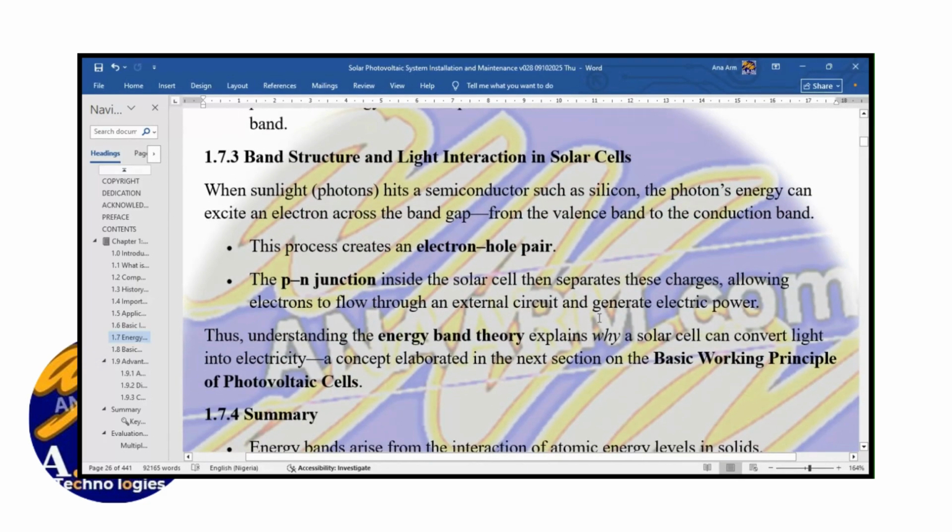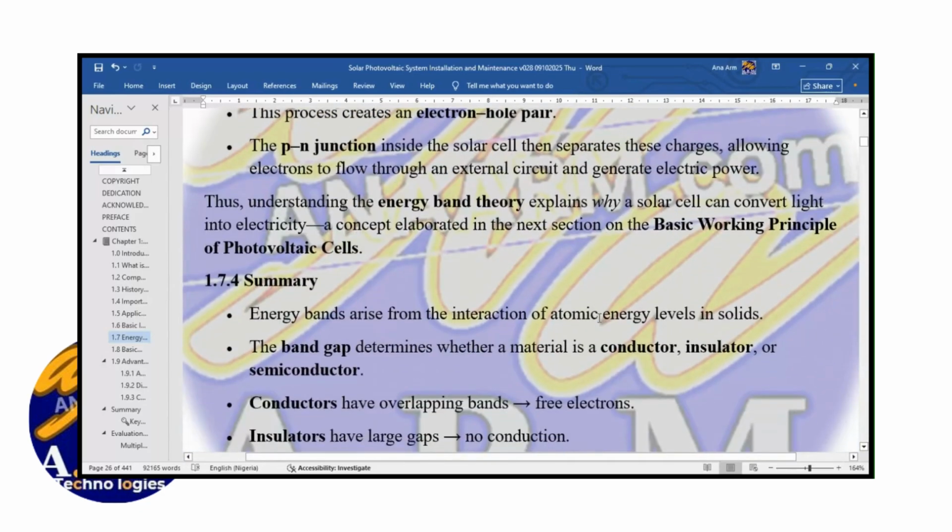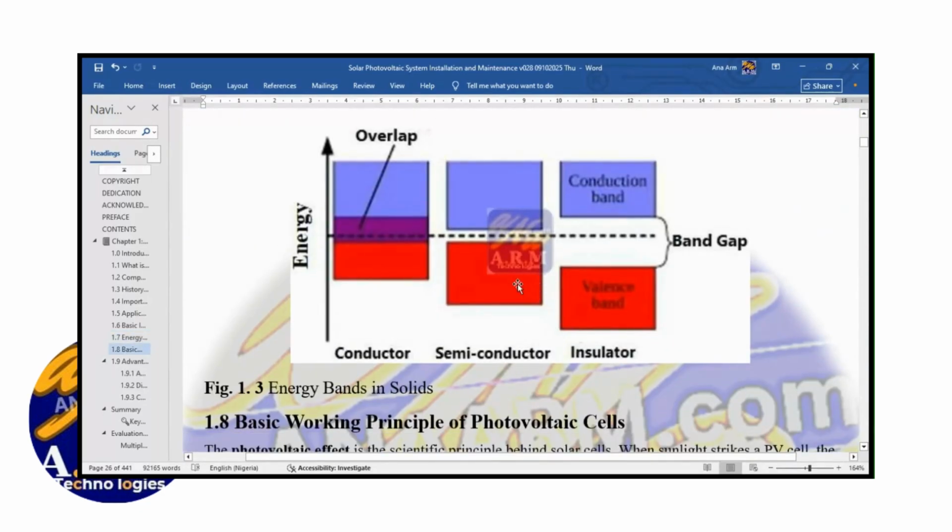Now, band structure and light interaction in solar cells. When sunlight, otherwise called photons, hits a semiconductor such as silicon, the photon's energy can excite an electron across the band gap from the valence band to the conduction band. This is what they are referring to. From the valence band, an electron can be excited from this region to the conduction band in a semiconductor.